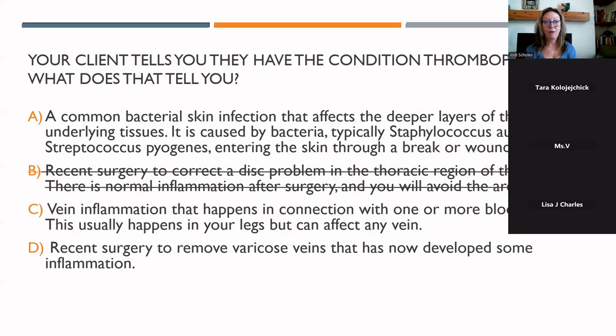A, a common bacterial skin infection that affects the deeper layers of the skin and underlying tissue, caused by a bacteria, typically staph or strep, entering the skin through a break or wound. C, vein inflammation that happens in connection with one or more blood clots. Usually happens in the legs, but can affect any vein. D, recent surgery to remove varicose veins that has now developed some inflammation. 3, 2, 1, go.